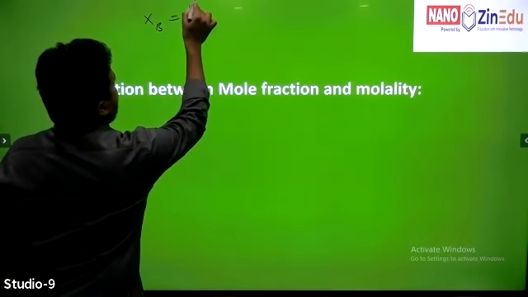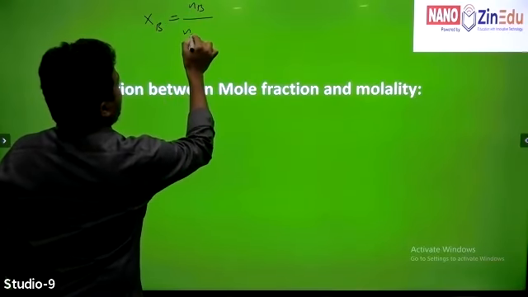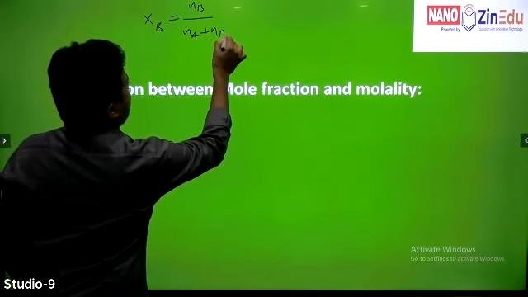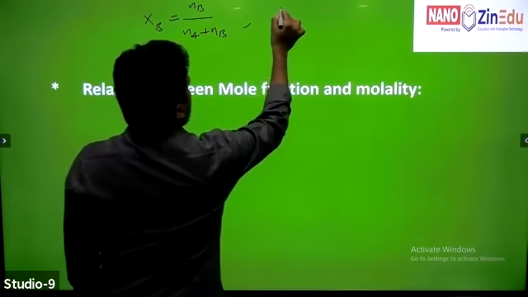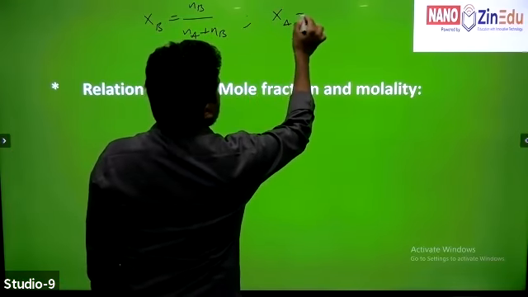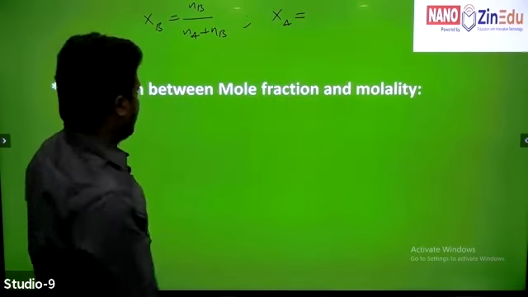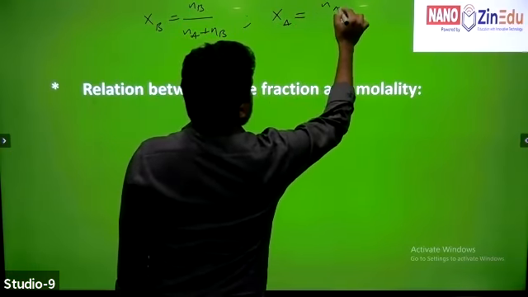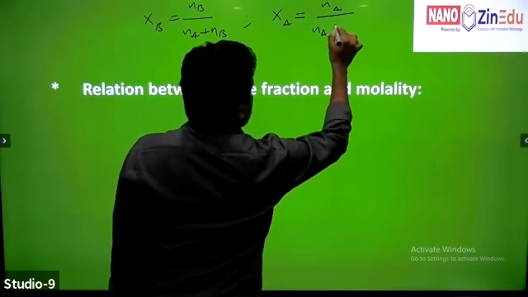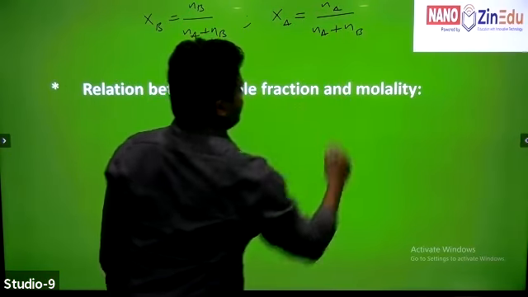Number of moles of B by total number of moles, Na plus Nb, the total number of moles of solution. Next, what is the mole fraction of solvent? Number of moles of solvent by total number of moles of solvent and solute.